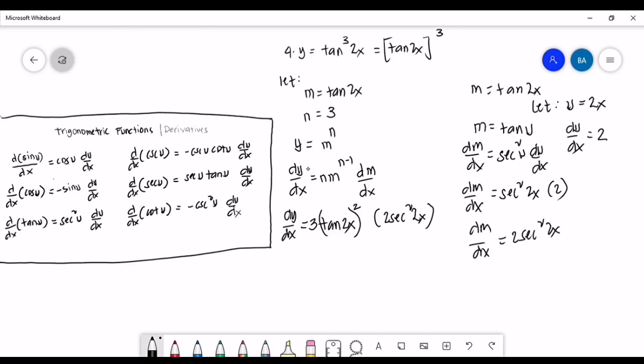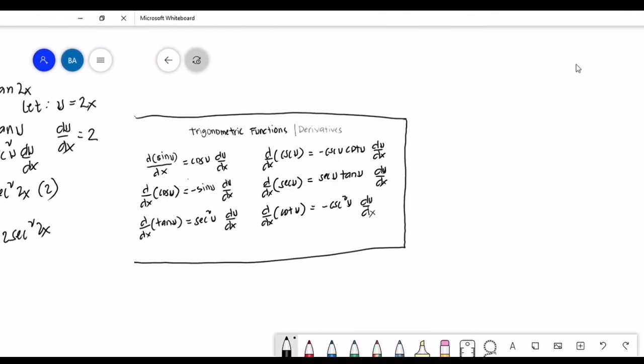So at this point, our answer for dy dx is equal to 6 tangent squared 2x times secant squared 2x. So this is already our answer.